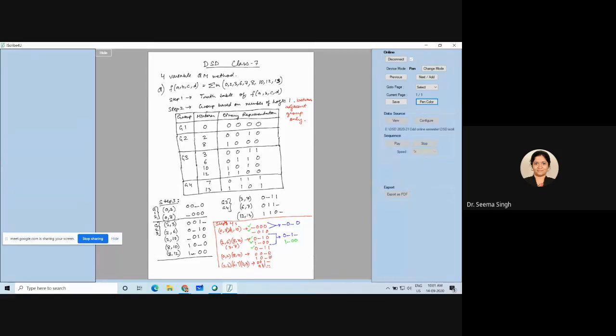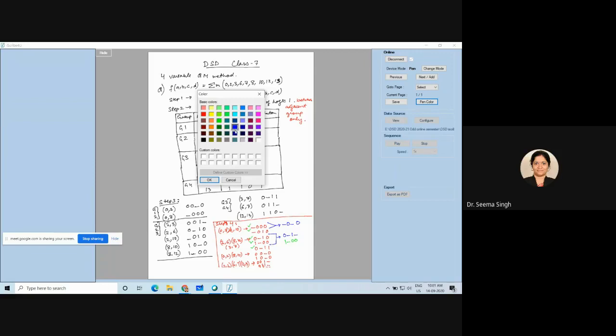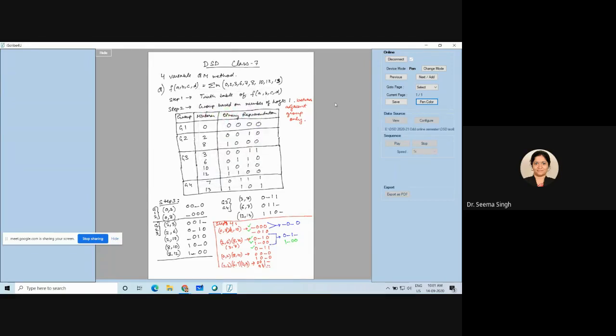Now, is it possible between 0 to 8, 10? Yes, ma'am. It is possible, and you can see it is a repetition. What is done already is repeating here again. That happens in the QM method. There is no problem in that.